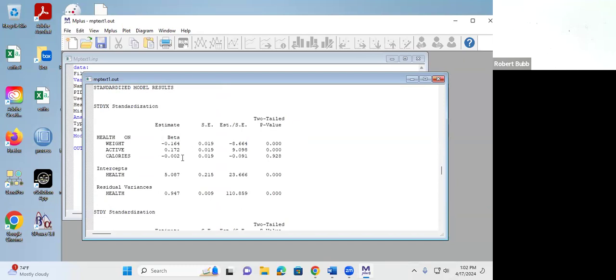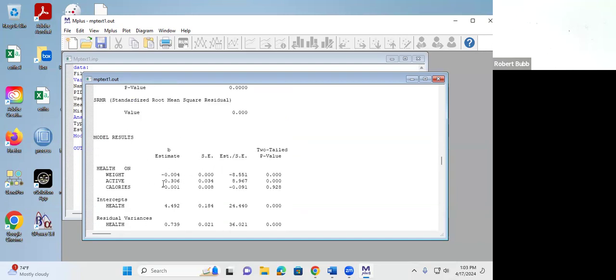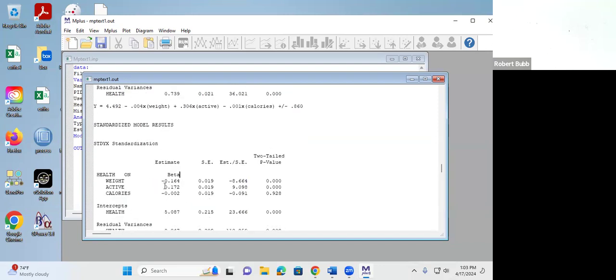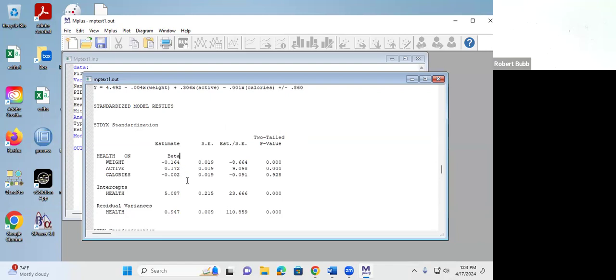These 3 values are really all we're interested in. What is nice if they're standardized is you can get the relative impact of each of them. So comparatively, whether someone is active or not might have a slightly higher relationship with health than weight does. You cannot get that from the unstandardized because they're on different units of measurement. But here they're all in terms of Z-scores, so you can directly compare those estimates to see which one is having a higher impact on my outcome.